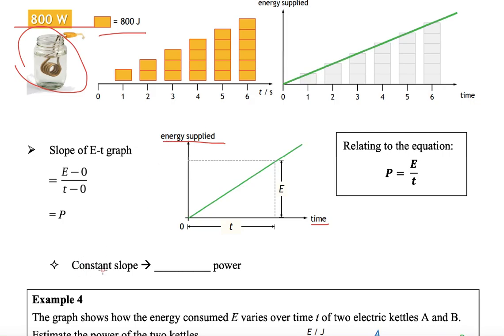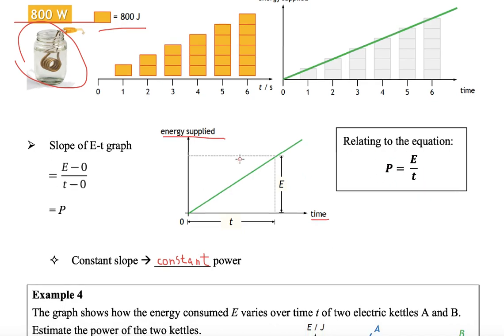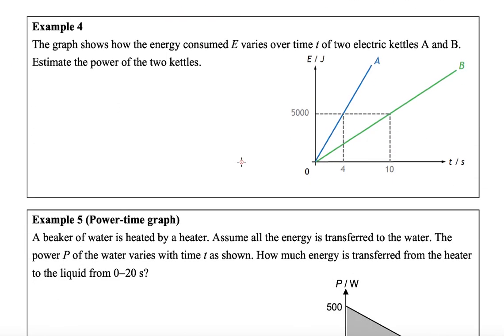So a constant slope represents a constant power. If the slope is constant in the energy time graph, constant power, and the slope of this energy time graph is just energy divided by the time, which is power, according to this equation.